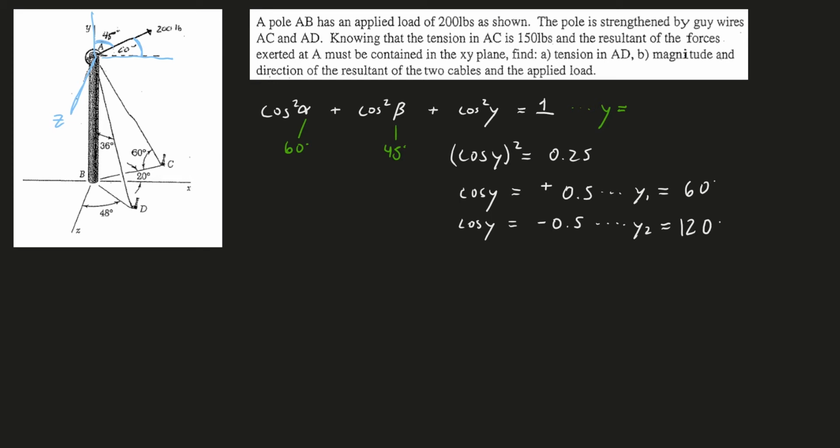Now, you have to look at the picture to figure out which one is the truth, which one is actually happening. And if you notice this black line there, the way it stretches, it means that it's an obtuse angle, one that's bigger than 90.